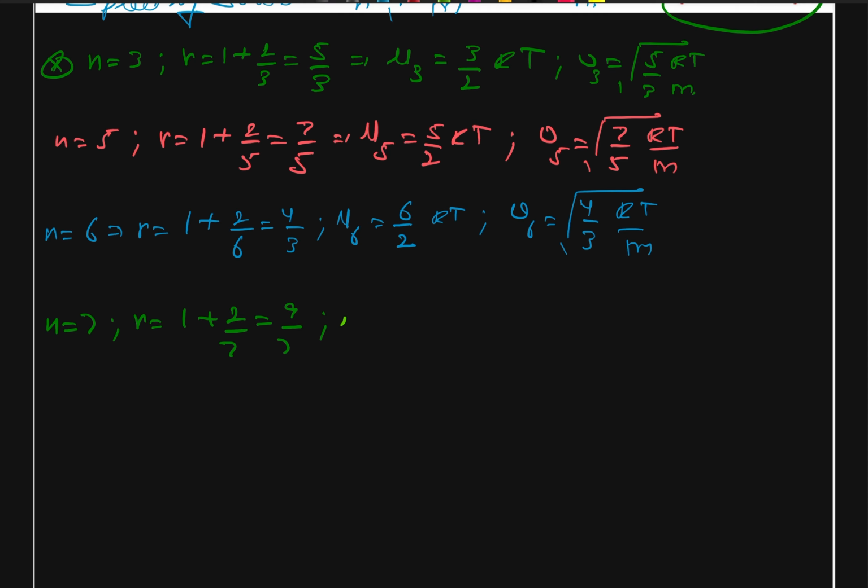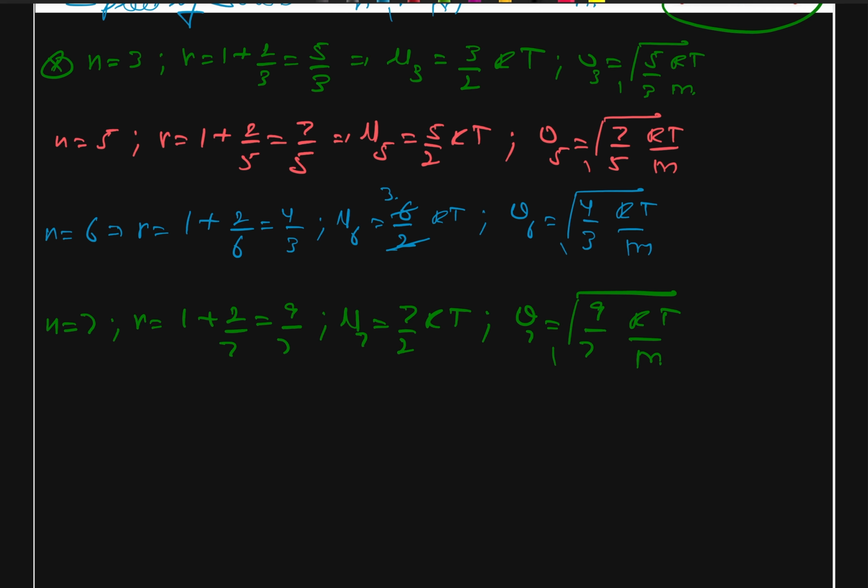We get U of 7 will be equal to 7 by 2 RT, and V of 7 will be equal to 9 upon 7 RT upon m, and its square root.